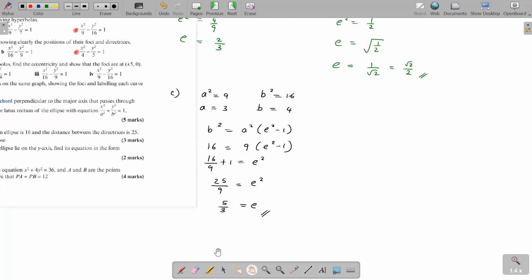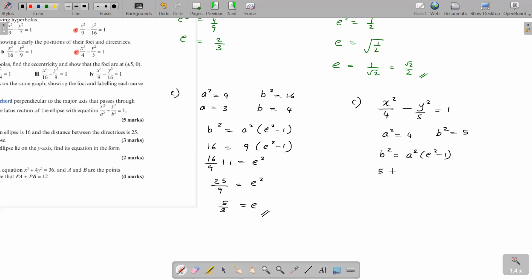Next one, part C: x square over 4 minus y square over 5 equals 1. So here we have a square is 4 and b square is 5. Let's use the eccentricity equation: b square equals a square times e square minus 1.